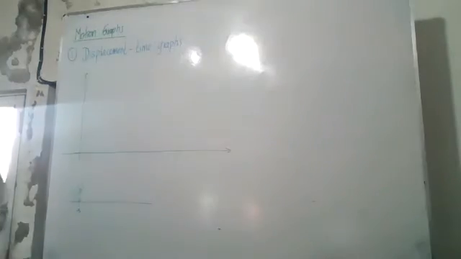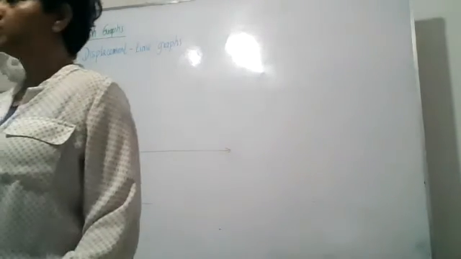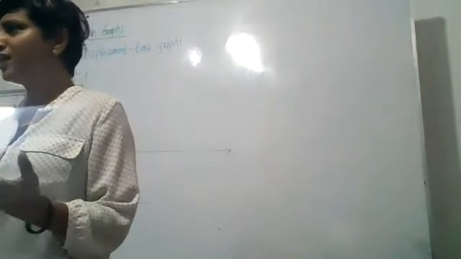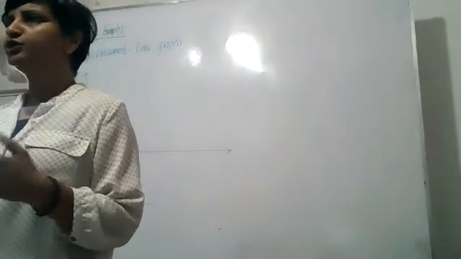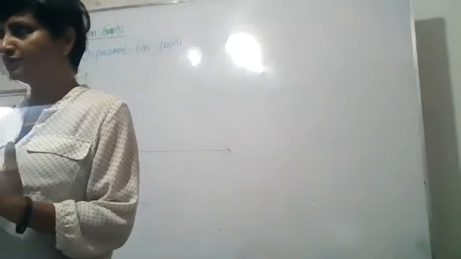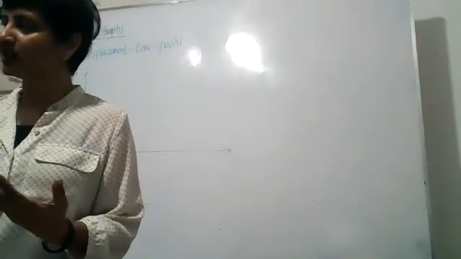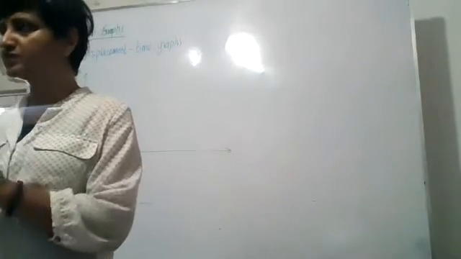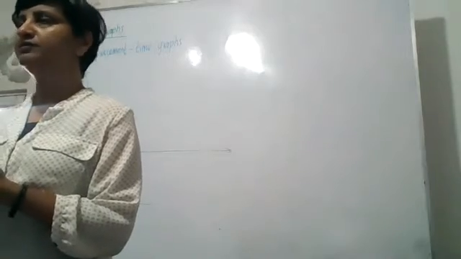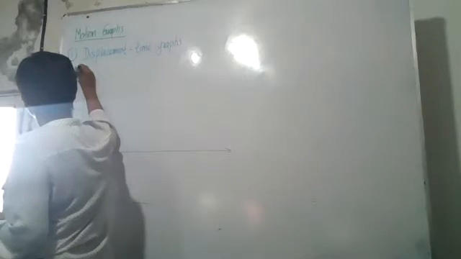Okay, so what are motion graphs? A motion graph is when you represent the motion of an object using a graph. The two main graphs that we use are displacement time and velocity time. When you have displacement time graphs, the y-axis is s, the displacement, and the x-axis is time.